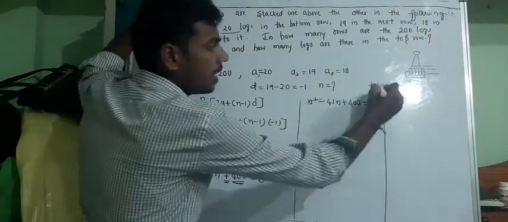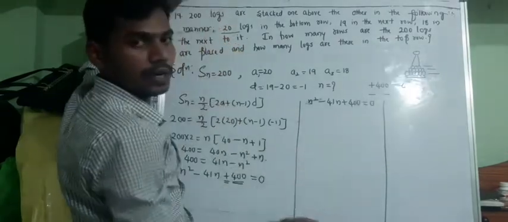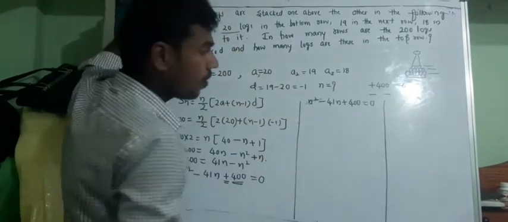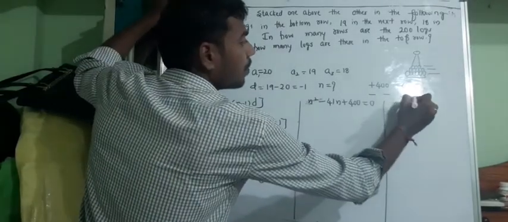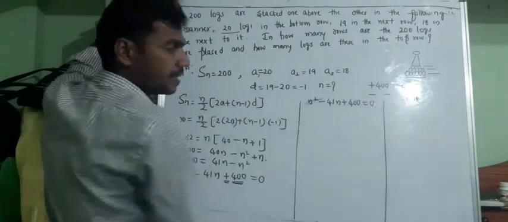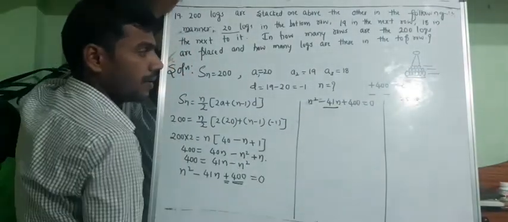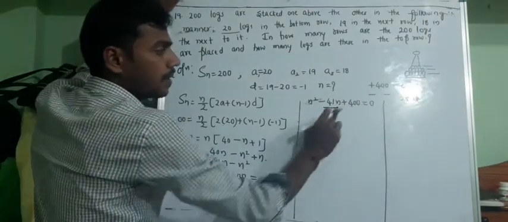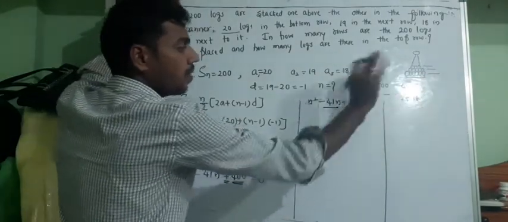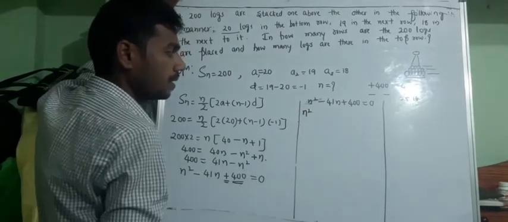So 400 can be split up as 25 8s are 200, 25 16s are 400. See, minus 25 minus 16 is nothing but minus 41. Satisfied. Minus into minus plus, 25 16s are 400. Satisfied. So I need to make use of those terms.